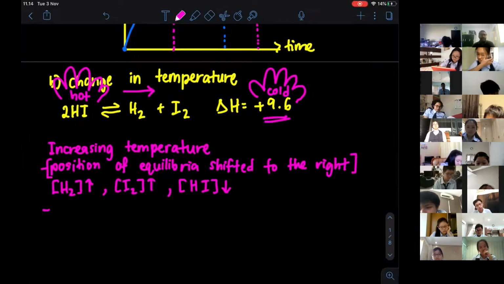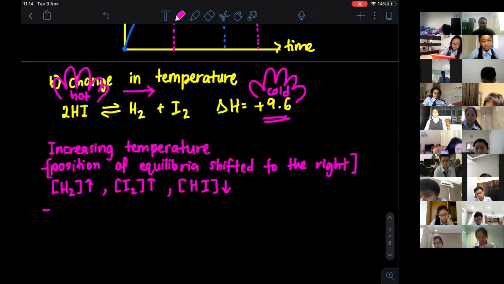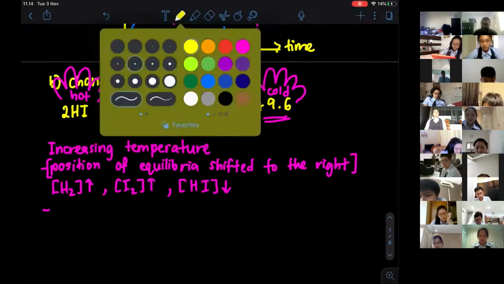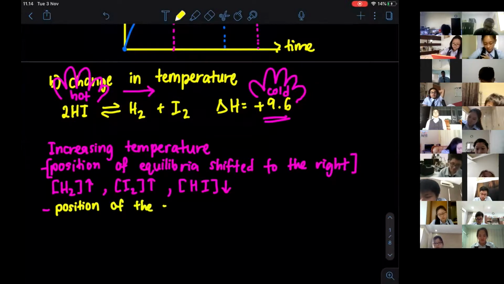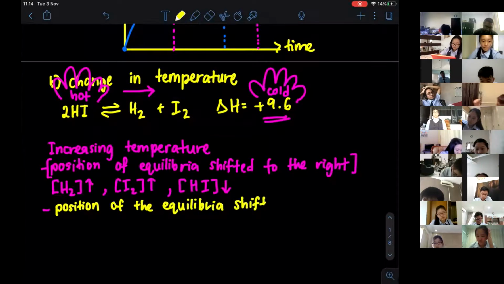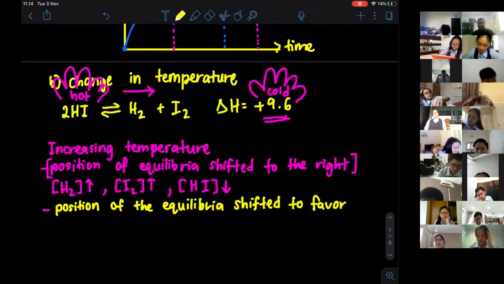When you write your answer, you just say the position of the equilibrium shifted to favor endothermic reaction.